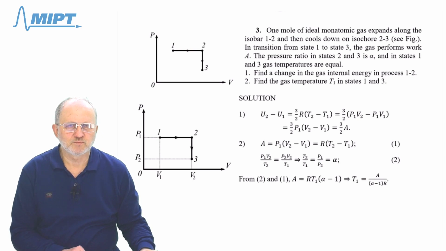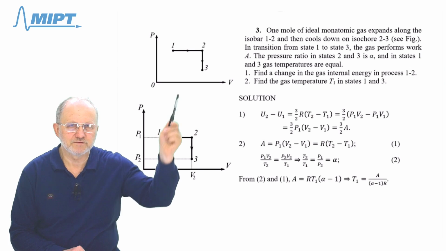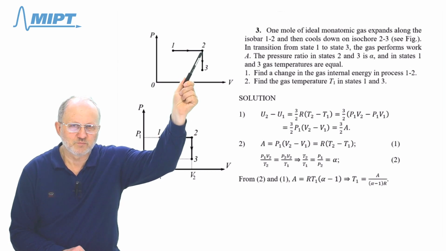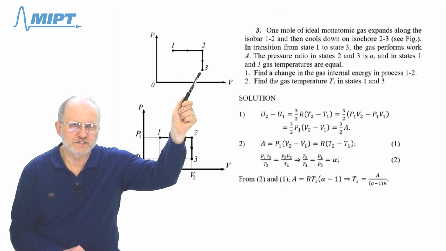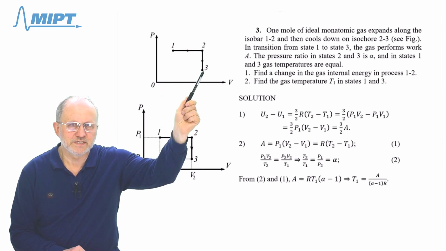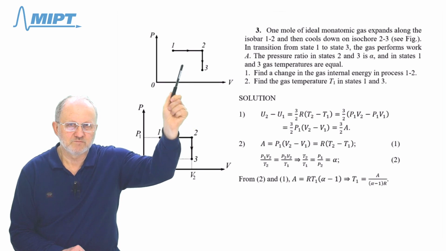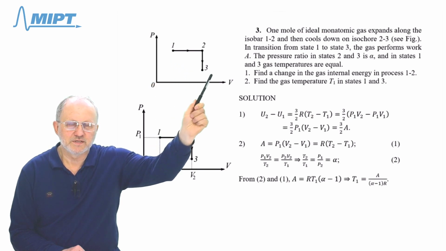In transition from state 1 to state 3, the gas performs work A. The pressure ratio in states 2 and 3 is given and is equal to alpha. And in states 1 and 3, the gas temperature is the same. So these 2 points, 1 and 3, belong to the same isotherm.